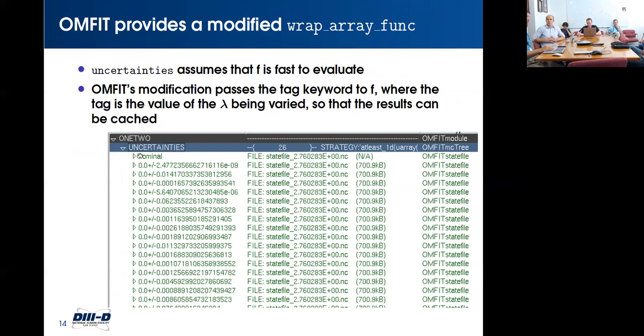We're going to run it once at the nominal values of all of our inputs, and then we're going to run it once for each of the eigenvalues of the correlation matrix of our fitting parameters, and accumulate each of those results in the tree, and then from that we can take each of those results to calculate the final uncertainty.